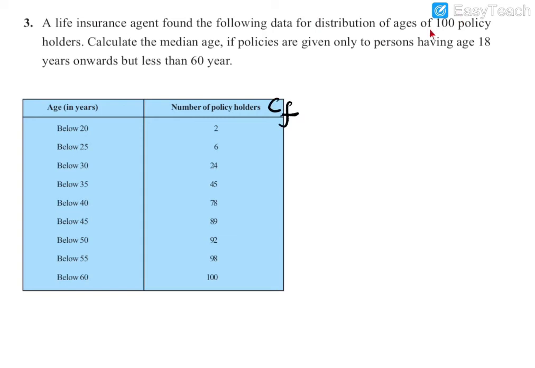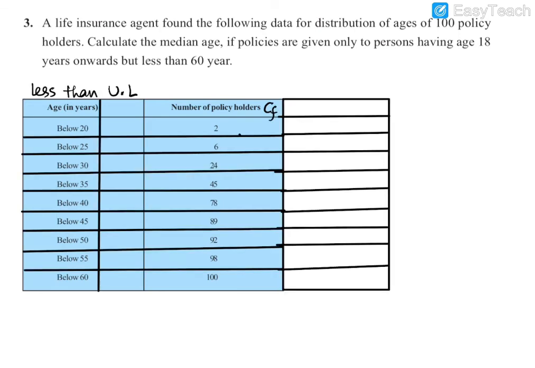Notice that the total number of observations is 100 over here, and the last cumulative frequency number is 100. So in order to use the formula for median, we will have to find the frequency from cumulative frequency and also the class interval. So in the first column we have age in years, which is written as less than the upper limit of the class interval. So 20 is the upper limit, 25 is the upper limit.